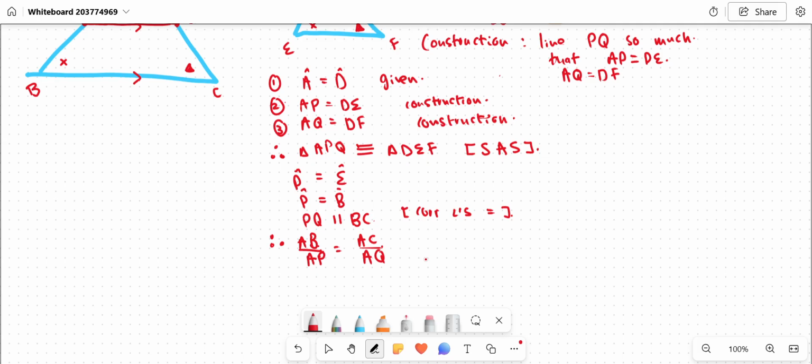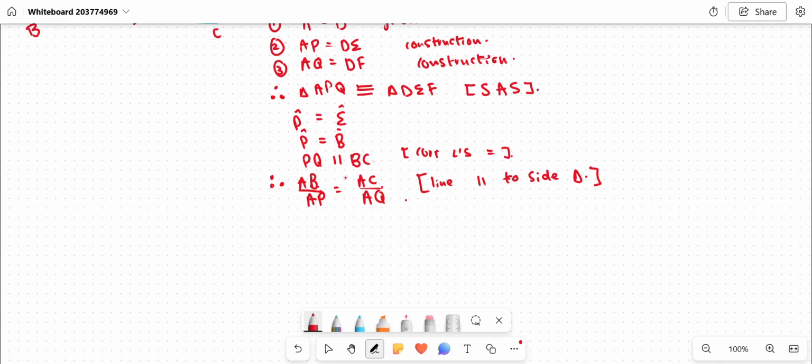And where am I getting this? This is the previous theorem that I just proved, right? So I'm going to write that as my reason. This is line parallel to side of triangle. This is from my previous theorem, theorem number 1. Remember, if that line is parallel, it means the sides are proportional. And already, that's what I'm stating right there.